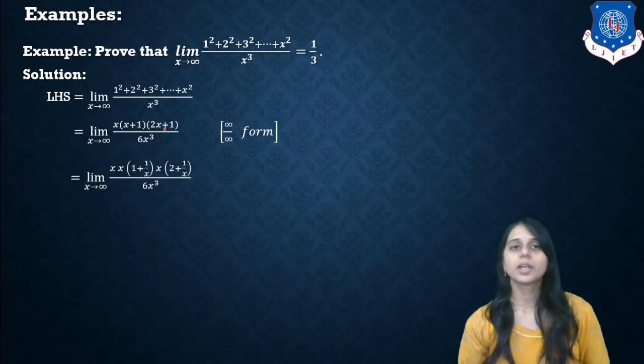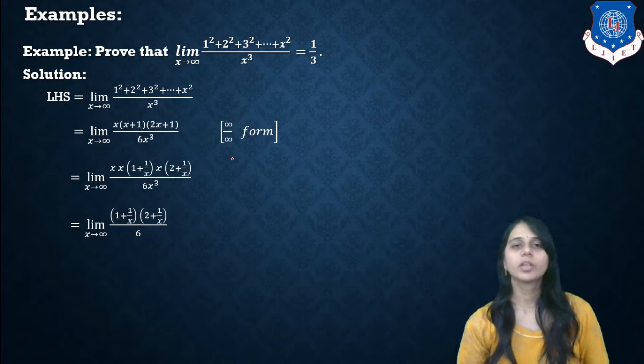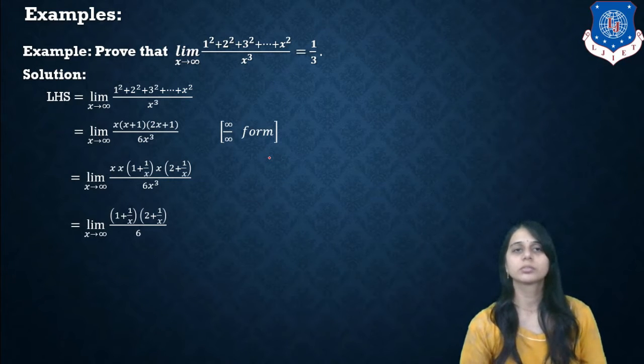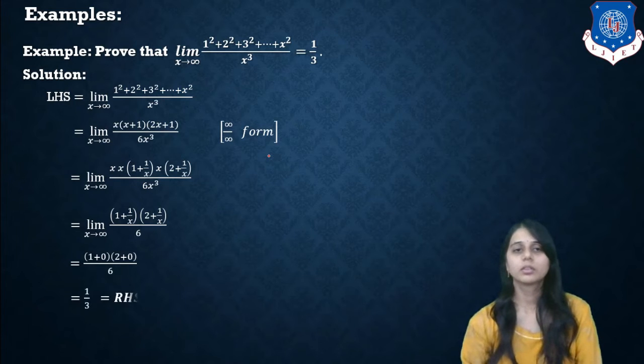Now x plus 1, 1 plus x, we take x common: 2x, 2 plus 1 by x upon 6x cube. This is infinity by infinity formation, so (1 plus 1 by x)(2 plus 1 by x) upon 6, we get 1 by 3 as the RHS.